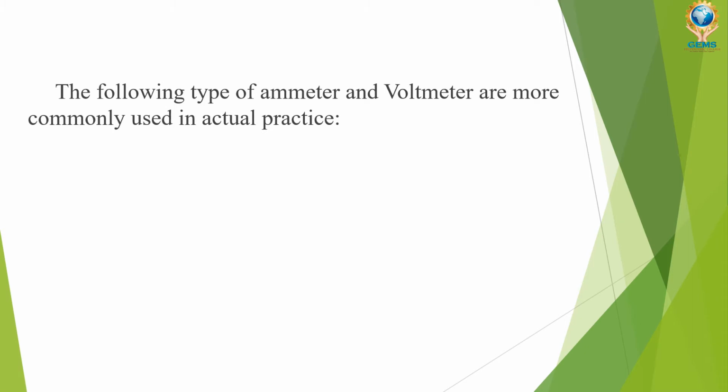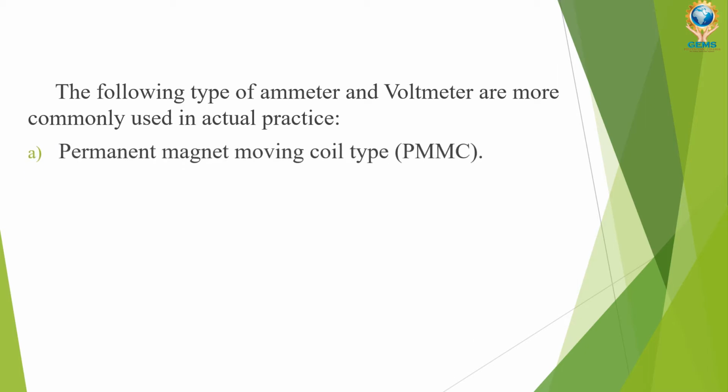The following type of ammeter and voltmeters are more commonly used in actual practice. First one is permanent magnet moving coil type ammeter and voltmeter. Second one is moving iron type. So for manufacturing this ammeter and voltmeters, we have mainly two types.